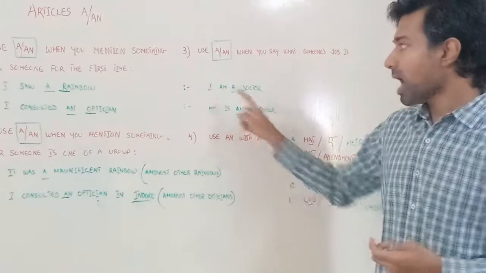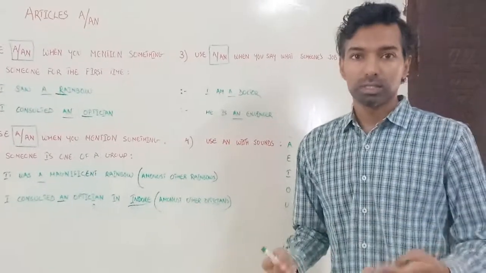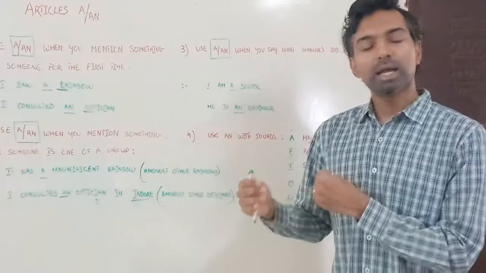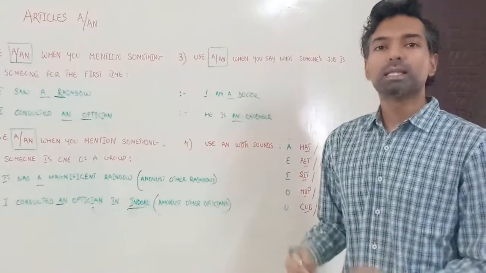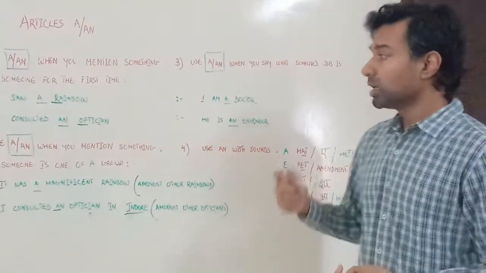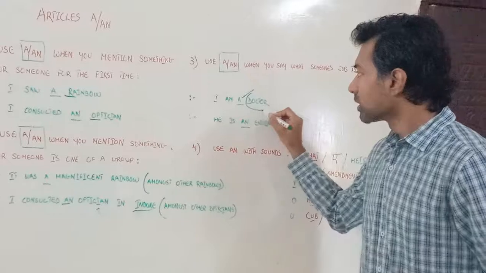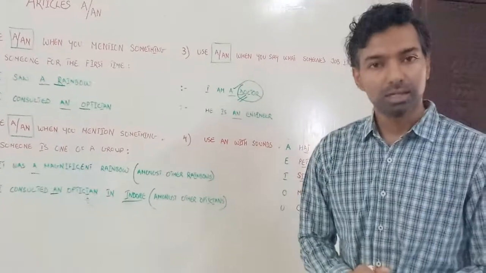As I say, I am a doctor. That means I am a PhD holder. So if I introduce myself, I would probably say that I am a doctor. Logically, a sits with a word which starts with a consonant.